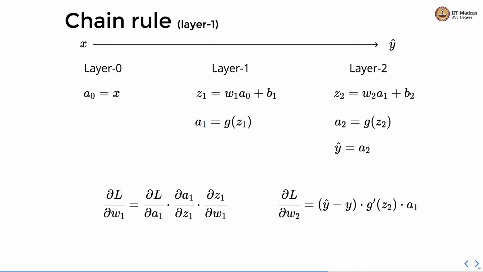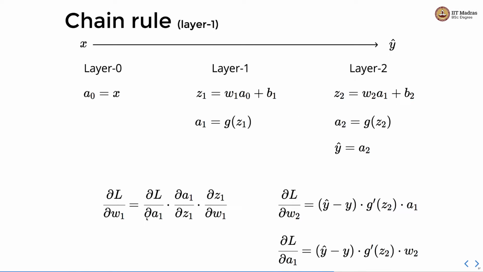In the same manner, we can compute the partial derivative of loss with respect to W1, and it is calculated as the partial derivative of loss with respect to A1 times the partial derivative of A1 with respect to Z1 times the partial derivative of Z1 with respect to W1.